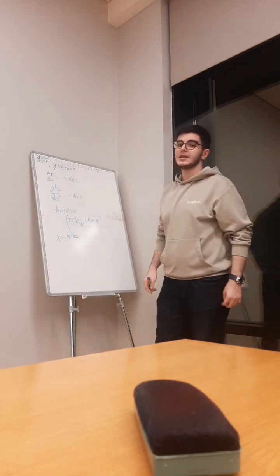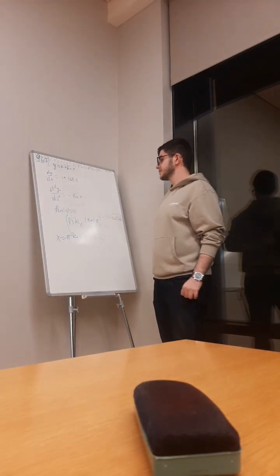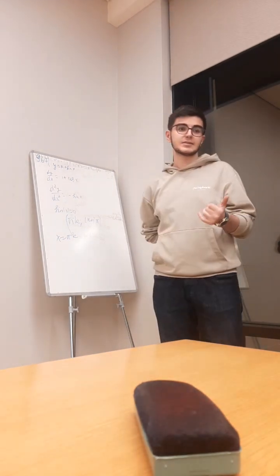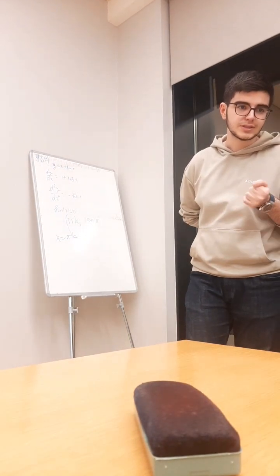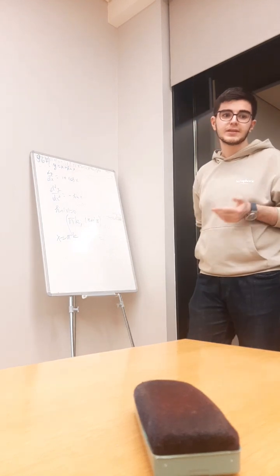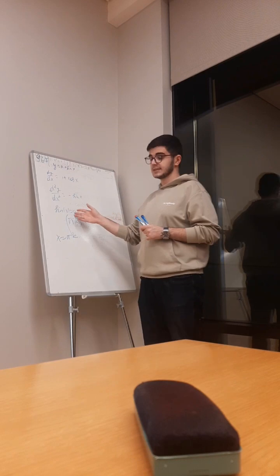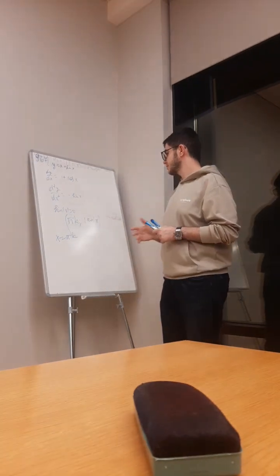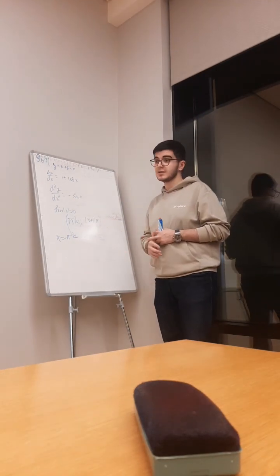Y equals x plus sine x is our function, and we see they ask to find our points of inflection. Yes, the points where the second derivative changes sign, at sine x equals 0, and it gives this answer to us.